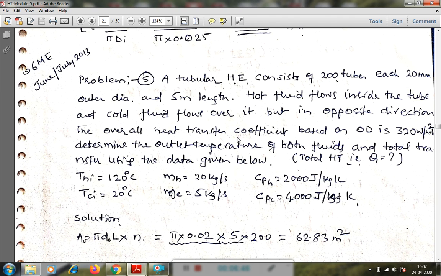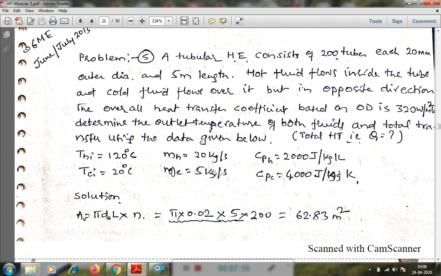The overall heat transfer coefficient based on outside diameter is 320 watt per meter square degree Kelvin. Determine outlet temperature of both fluids and total heat transfer using data given below.